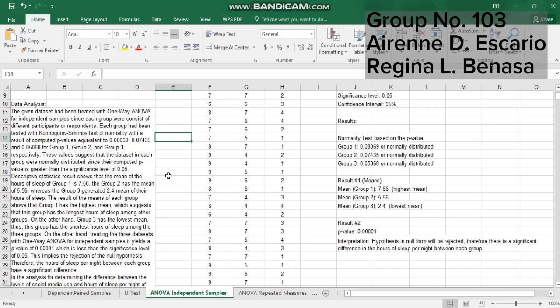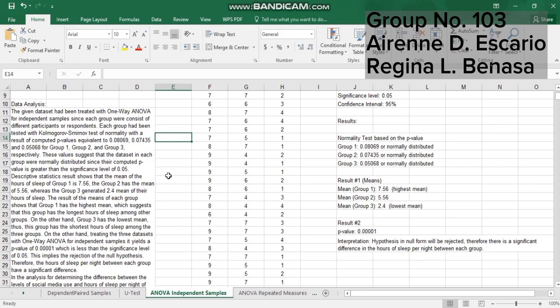Descriptive statistics results show that the mean of the hours of sleep of group 1 is 7.56. Group 2 has a mean of 5.56, whereas group 3 generated a mean of 2.4 hours of sleep.